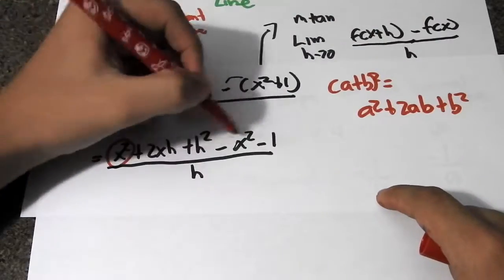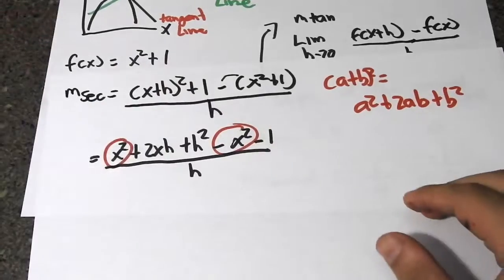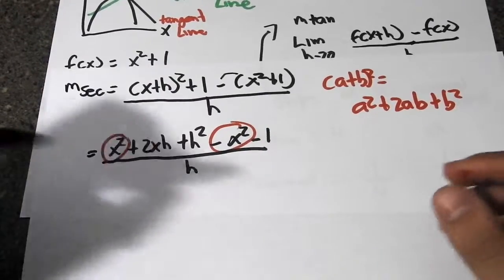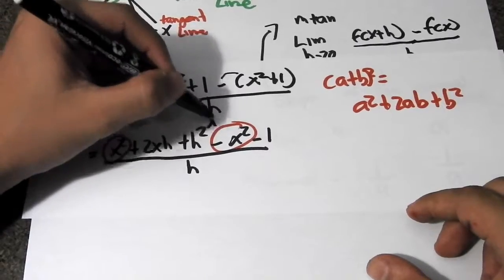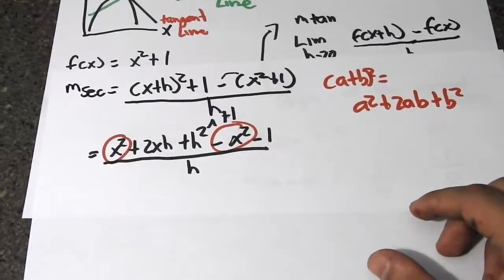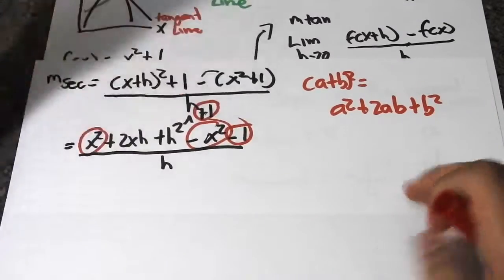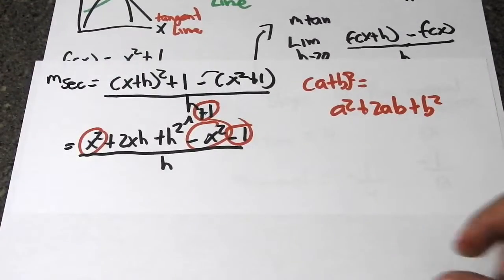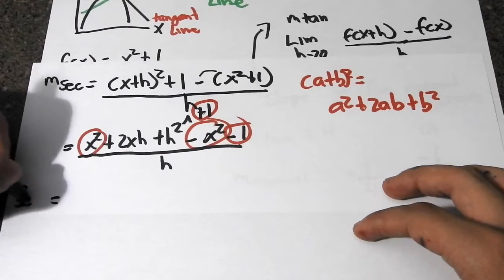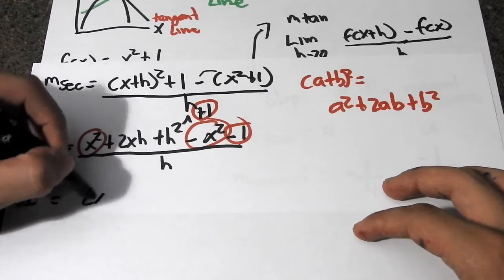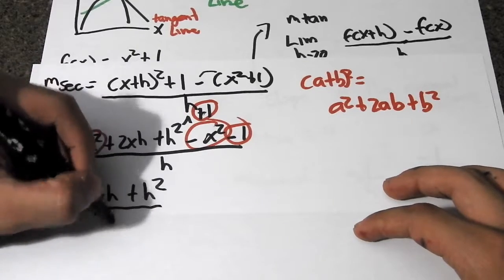We have x squared minus x squared, and we have a plus 1 and then minus 1. So we end up with slope secant equals 2xh plus h squared over h.